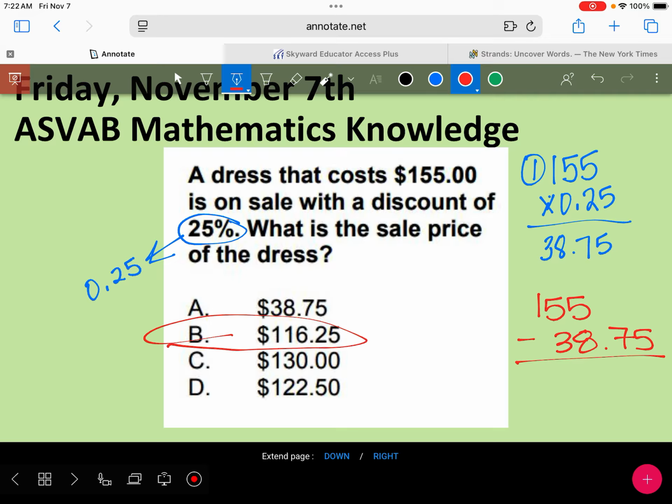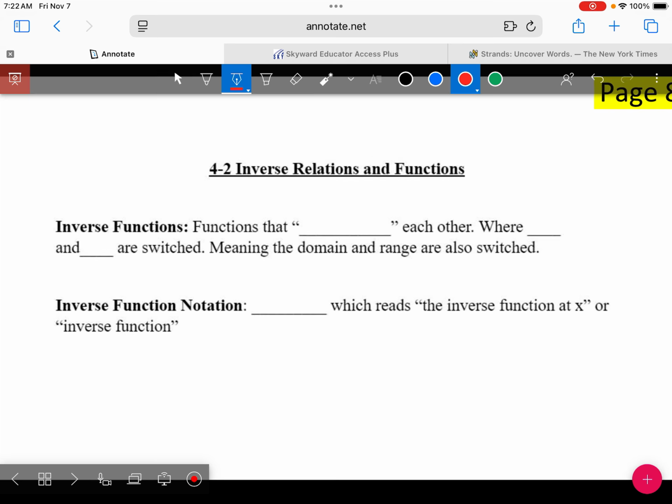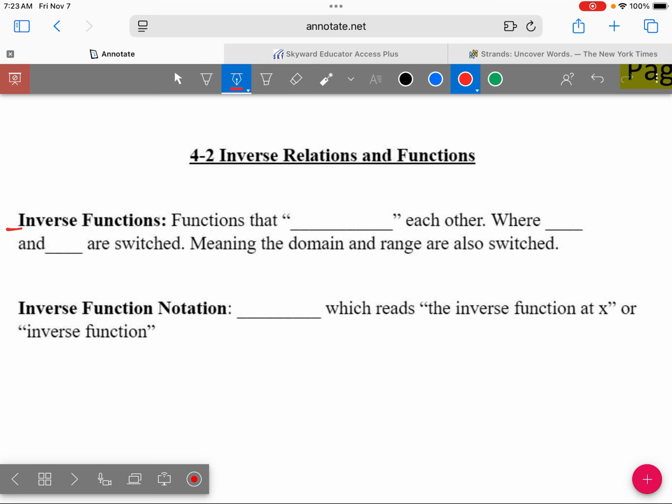All right, so now we're moving forward in unit 2 or part 2 of chapter 4. So we're going to talk about inverses. So let's go to page 8. We're going to talk about inverse functions, which means that they are opposite.